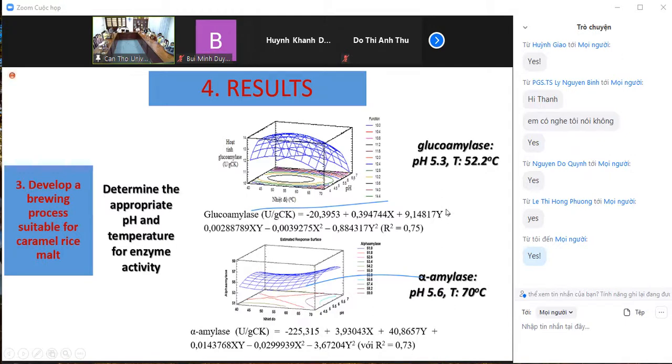This is the pH 5.3 and temperature 52 Celsius degrees. And for alpha-amylase, pH is 5.6 and temperature is 70 Celsius degrees.